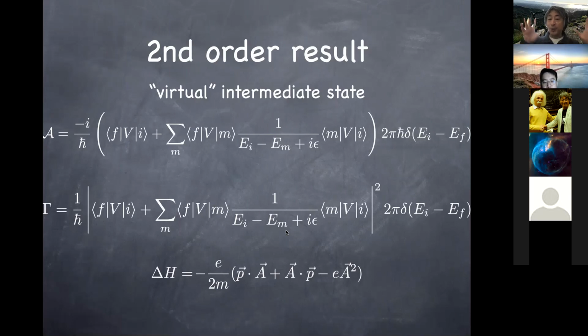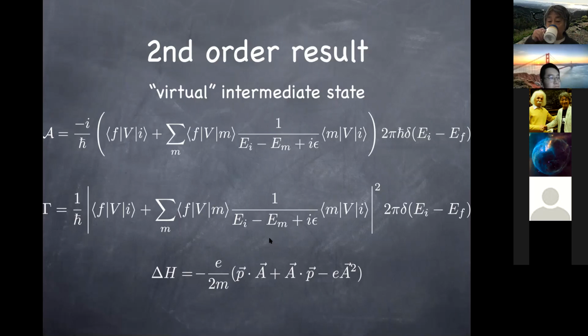But as long as you don't observe it, that's okay, because the initial and final states you do observe satisfy the energy conservation law. So that is already hidden in this formula, that there is this concept of a virtual intermediate state going on in the spirit of perturbation theory. Any questions about that?